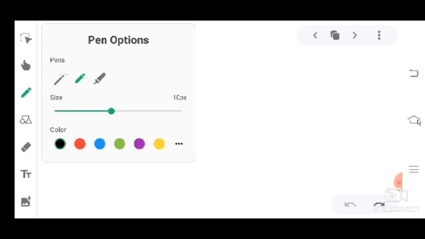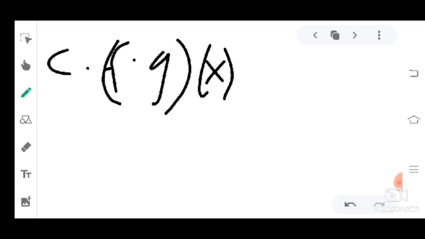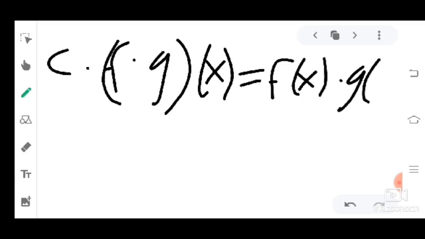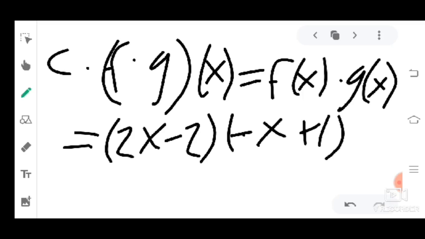For letter C, you are asked to find f times g of x, and this is just f of x times g of x, and again your f of x is 2x minus 2, while your g of x is negative x plus 1.